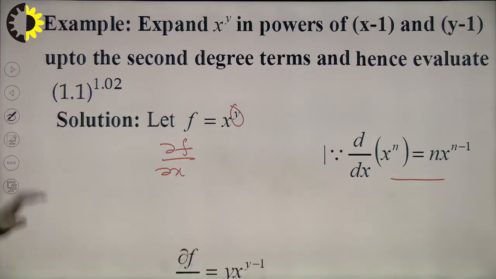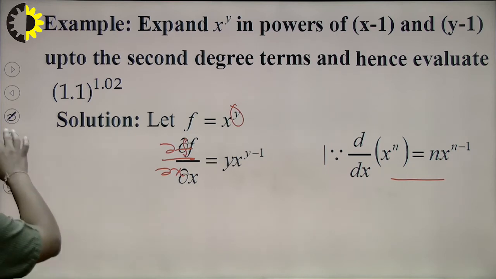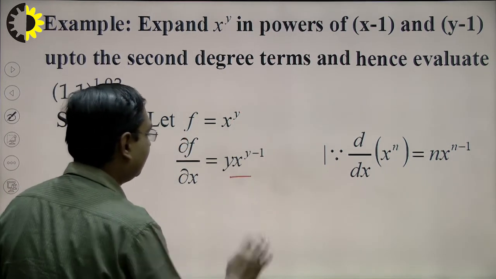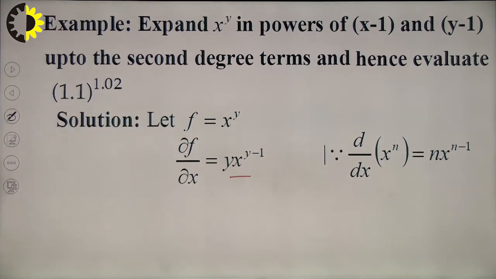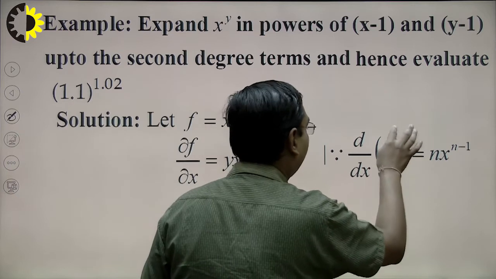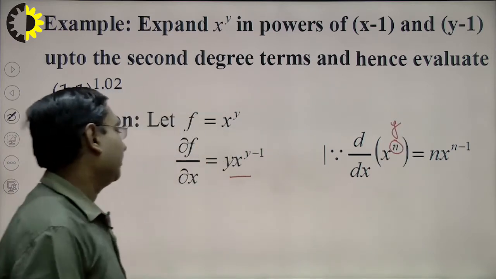So its derivative will be del f over del x is equals to y x raised to the power y minus 1, because the value of n here will be y.